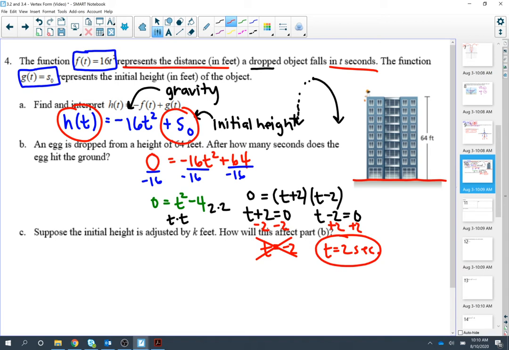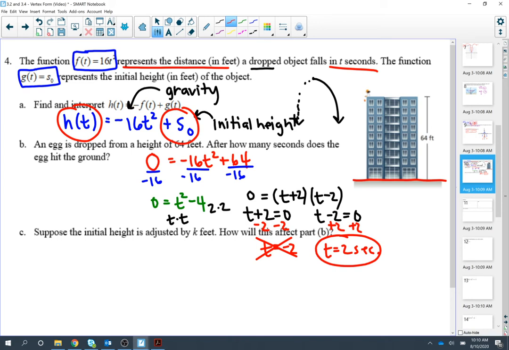Well, if I move the egg higher, it's going to take longer to hit the ground. Well, what if I move the egg down? What if I adjust it by negative 10 feet? So instead of 64, it's at 54. Same idea. If I move the height lower, it's going to take a shorter amount of time to hit the ground.